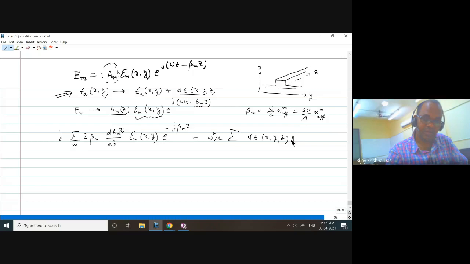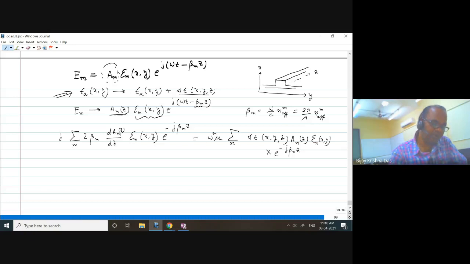And here, instead of summation over m, initially we derived it like A n on this side and m on that side, but we can deal with the right hand side and left hand side independently with different indices n, z, right? And then you have E n x y, multiplied by e to the power minus j beta n z.